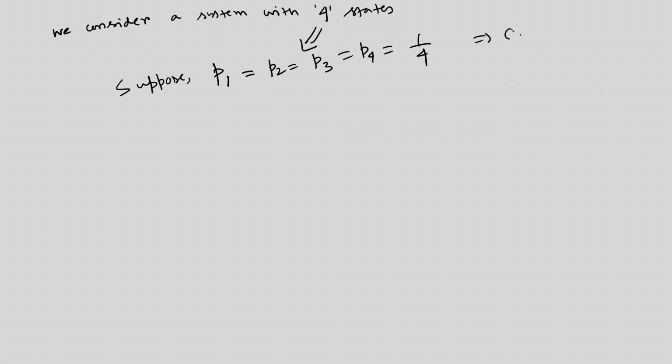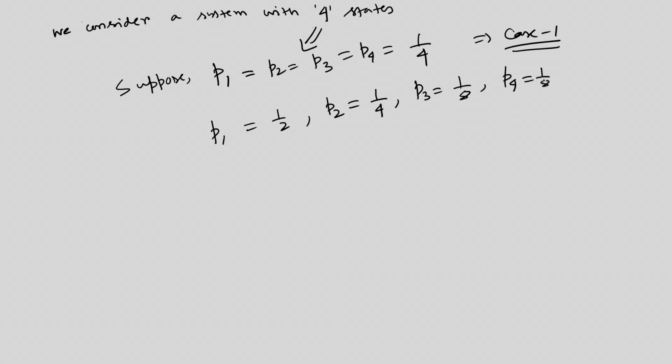This is case 1. Now we consider another case. Suppose p1 is 1 by 2, p2 is 1 by 4, p3 is 1 by 8, and p4 is also 1 by 8. So total probability again 1, and this is our case 2.